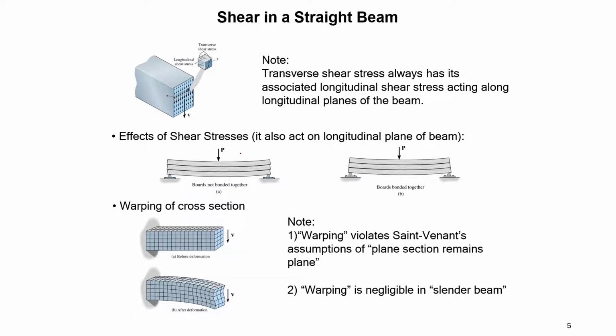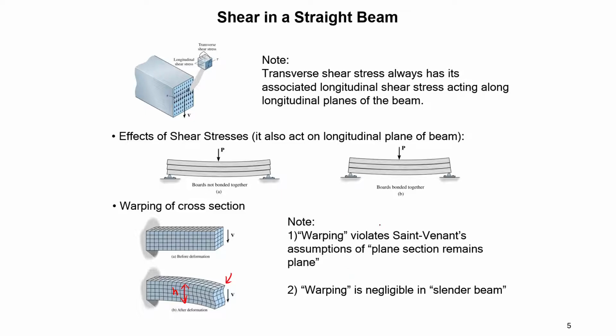And if we think about the cross sections, there's some type of warping effect. It is only significant in some very thick beams, where the height is very large. In slender beams, it is most likely negligible.